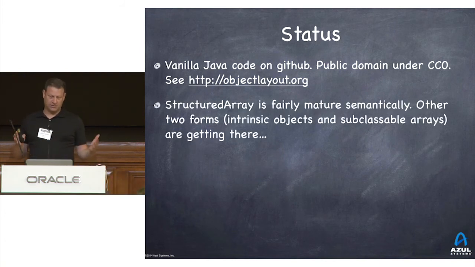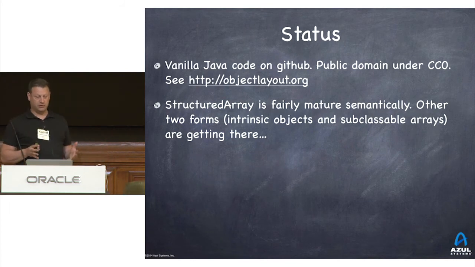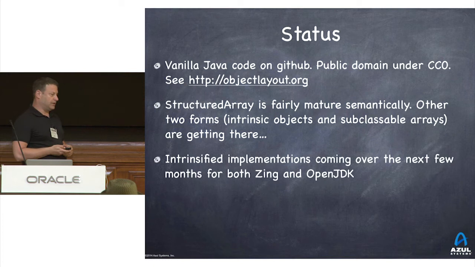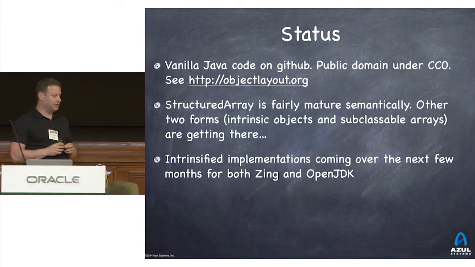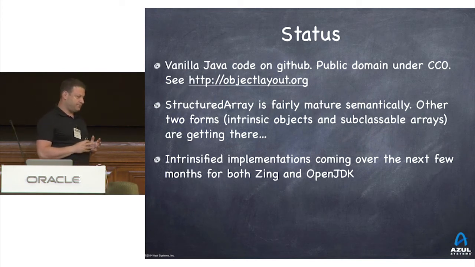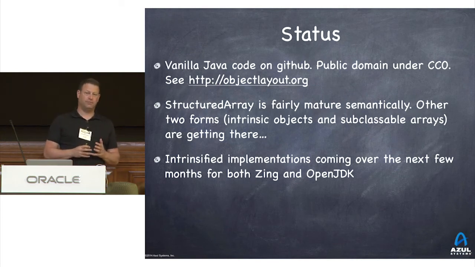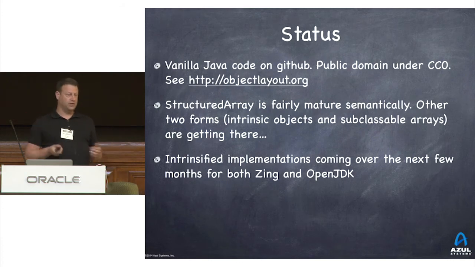As I said, structured array itself is fairly mature, and the other two are still kind of a little more in flux. There is example code, by the way, for the various structures in an examples directory, and I've had other people write code and examples for it. There are intrinsified implementations coming soon, both for Zing and for OpenJDK, and we will make the OpenJDK code available.